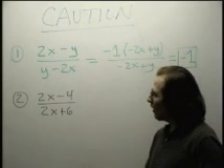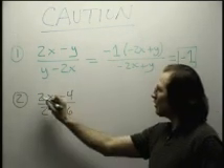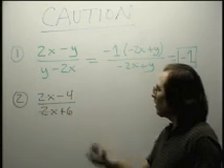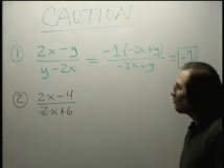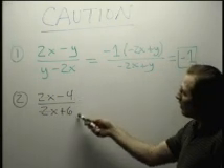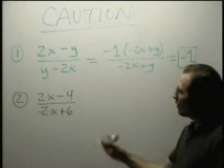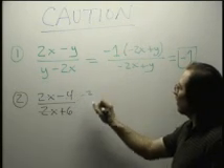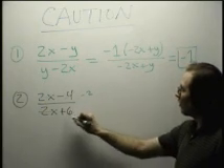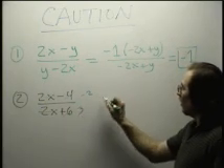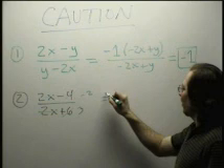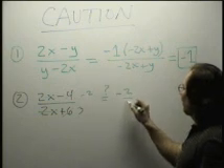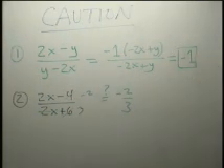There's a 2x and a 2x in common. So I'll just divide those out. And hey, negative 4 over 6, there's a 2 in common there. So I'll divide the 2 out and get negative 2/3.